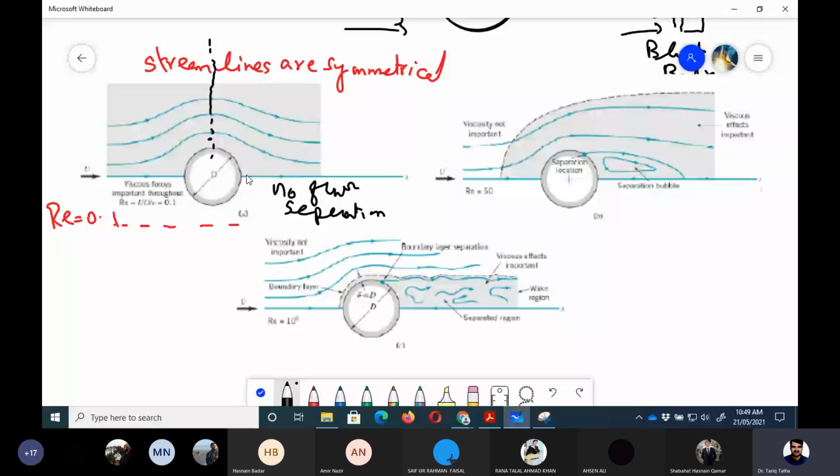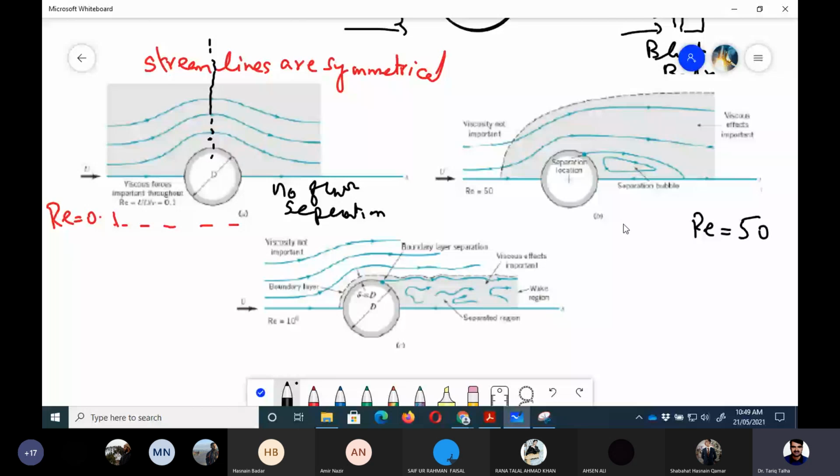Why is that? Because the velocity is almost the same as the free stream velocity as we move from here. But if we increase the Reynolds number to 50, it means that viscous forces are 50 times weaker than the inertial or flow momentum forces.